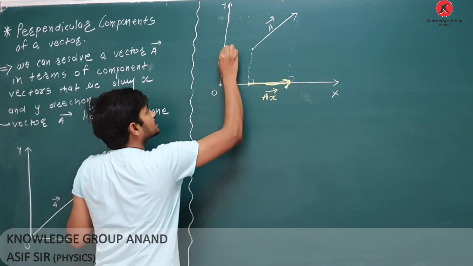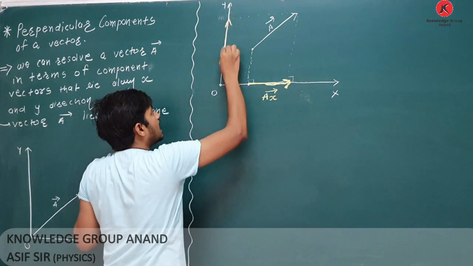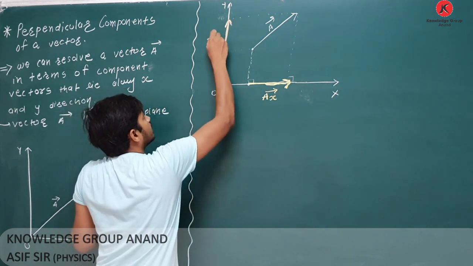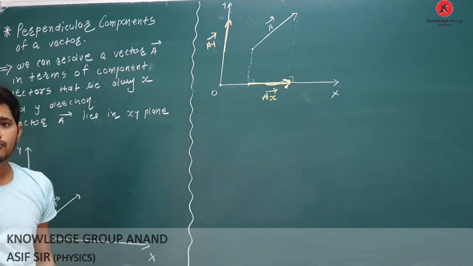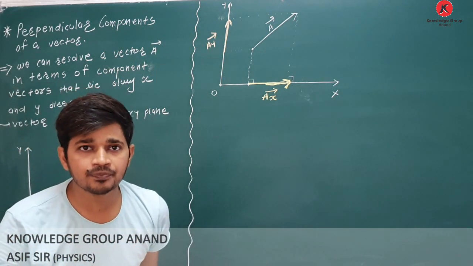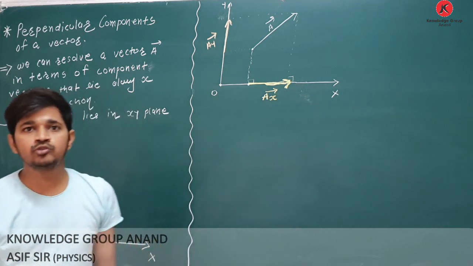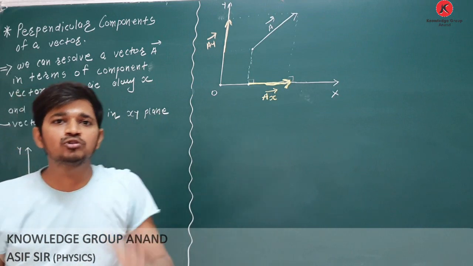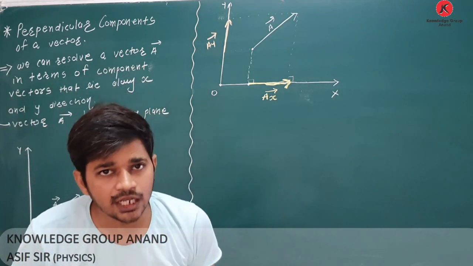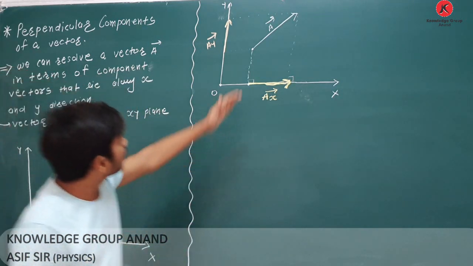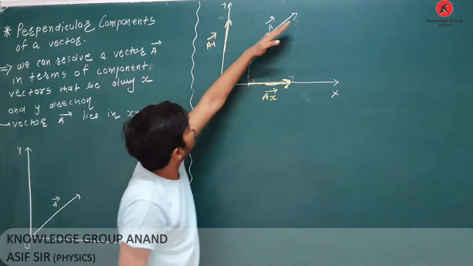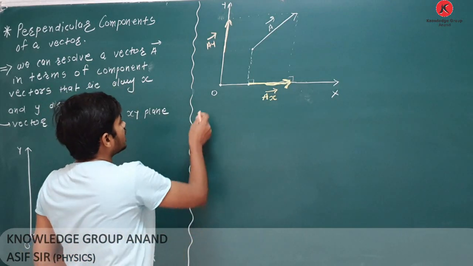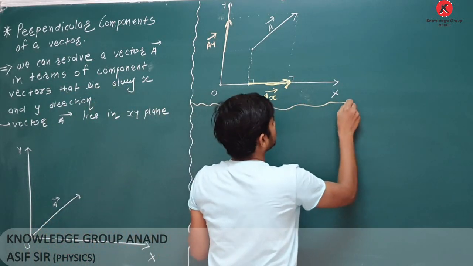Okay, so yes, in this direction, it is y component of vector. Clear about this? How to take components of vector in any direction. You have to draw perpendiculars. Clear? It is called projection. Projection of A on x-axis, projection of A on y-axis. Clear about this? So this figure is for more information.